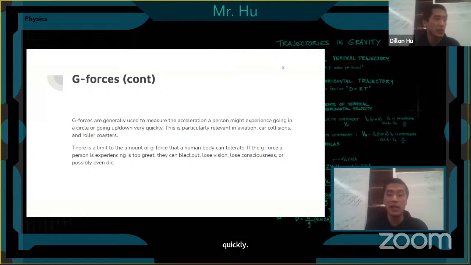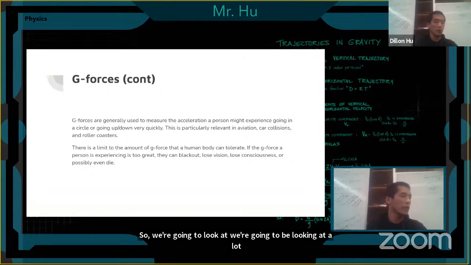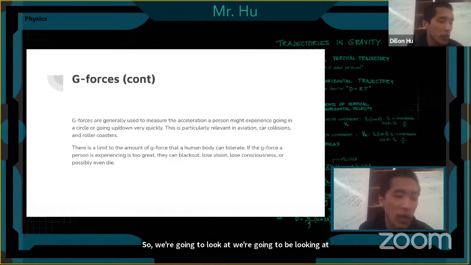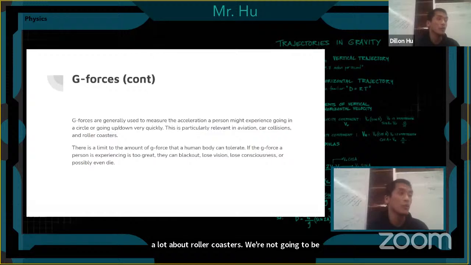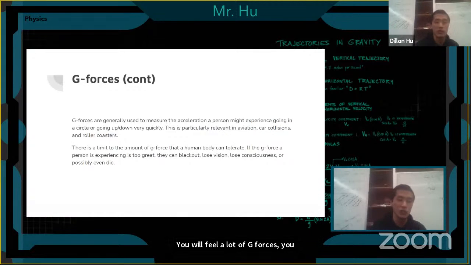So this means it's particularly relevant in aviation, car collisions, and roller coasters. We're going to be looking at a lot about roller coasters, and not as much at aviation or car collisions. Car collisions are particularly interesting. If your car crashes in a serious accident, you experience a huge amount of g-force. It can be very dangerous.